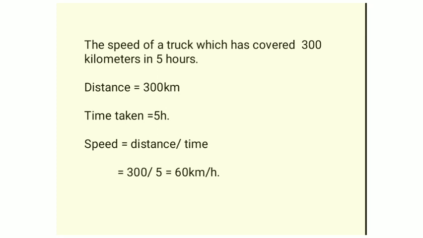What is the formula of speed? Speed is equal to distance divided by time. What is the distance? 300 kilometer and how much time? 5 hours. What will be the answer? 60 kilometer per hour.